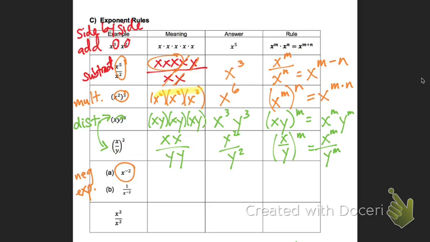So if you have a negative exponent, it becomes positive when it flips to the other side of the fraction. So right now, it is x to the negative 2 over 1. If I want to simplify that, I'm going to flip it, and it becomes 1 over x squared.